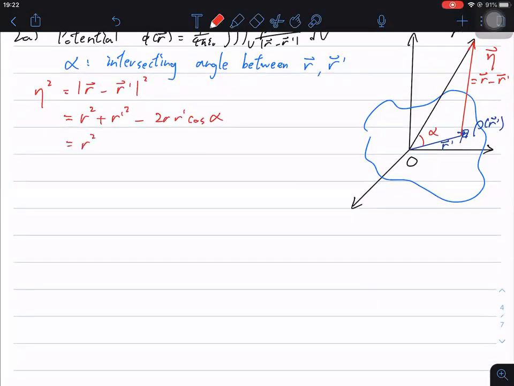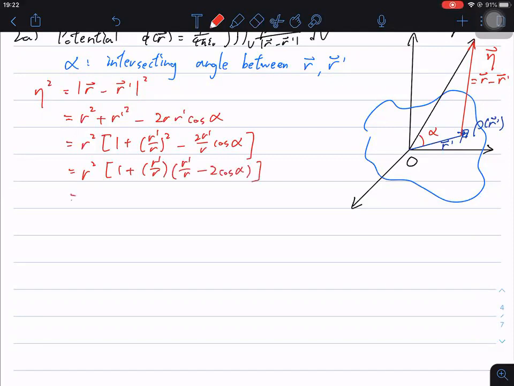And then by factoring out r square, we can obtain something like this. So r square multiplied by a bunch of things, basically 1 plus something.